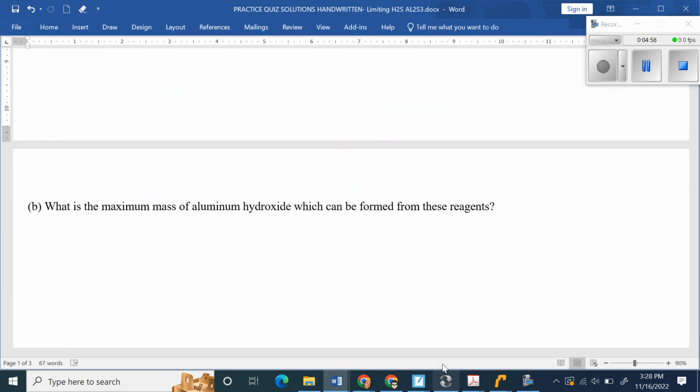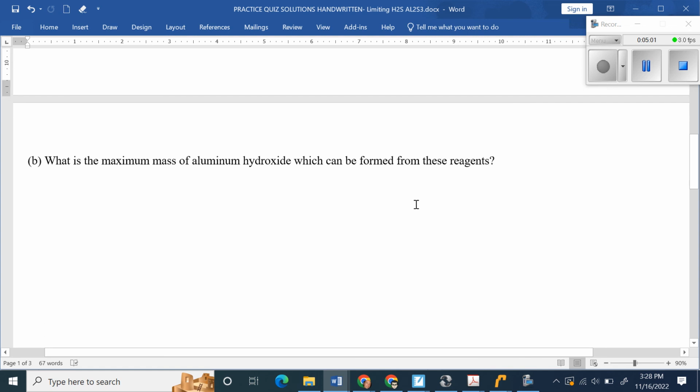Okay, so what is the maximum mass of aluminum hydroxide which can be formed from these reagents, right?